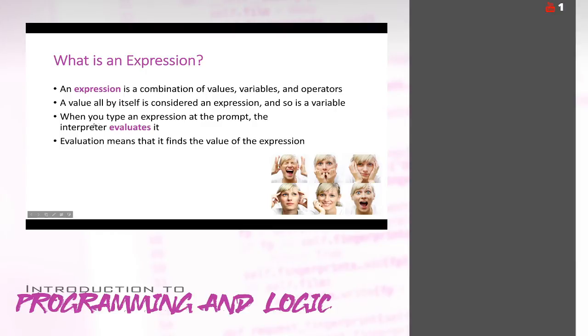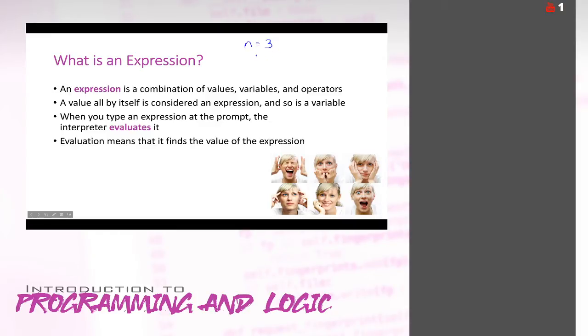So let's consider this. Let's consider the fact that we have a variable. We have a variable of n, and we've set it equal to 3. So with a variable of n that we've set equal to 3, we can have a few different expressions.